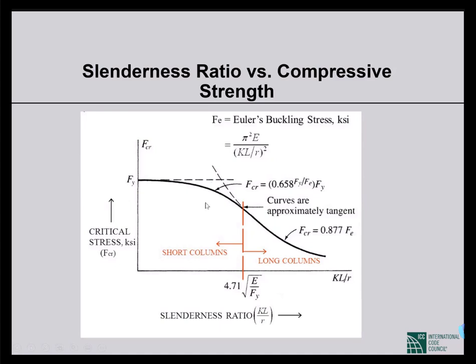Actually, if it is very short, then the whole cross section will yield first, not buckle. So near this vertical axis, the capacity will be almost like Fy, the yield stress, that is, all the fibers of the section will experience yielding before it fails.